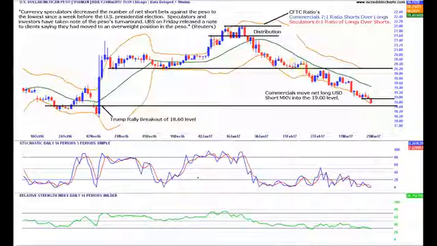Now, what has actually happened is speculators have got hit hard in terms of the decline in the USD. And what happens into the 19 level? Speculators are now almost even in terms of longs and shorts. Sorry, commercials, who've basically been short the USD all the way down, have now moved to a long USD position.